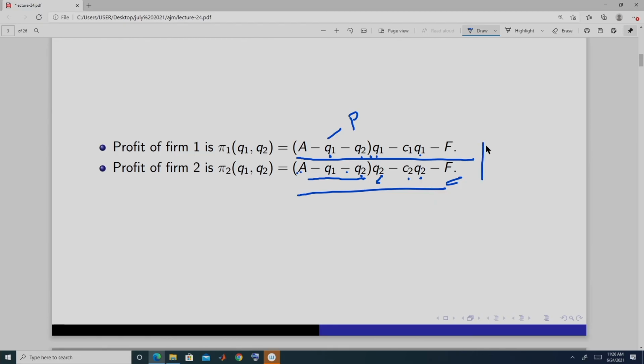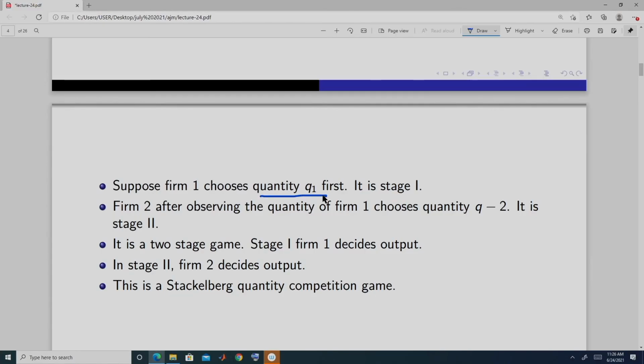So, we take this as the profit function, or you can say the payoff, and now we will define the game. Here firm 1 first chooses quantity Q1, and it is called stage 1. After observing the quantity of firm 1, firm 2 chooses its quantity, and this is Q2.